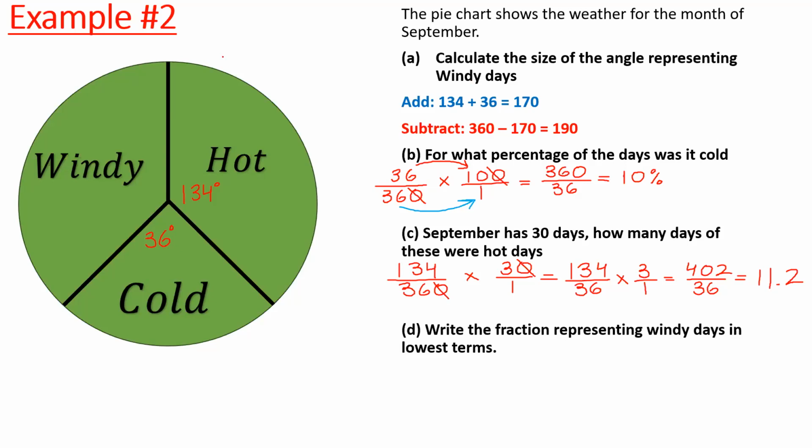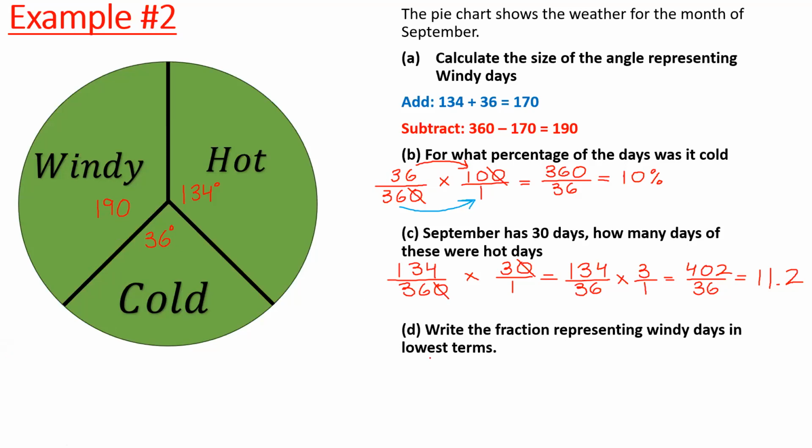Okay, and then the last one. The fraction in lowest terms representing windy days. What is that? Windy days is 190, so it's going to be 190 over what? 360.